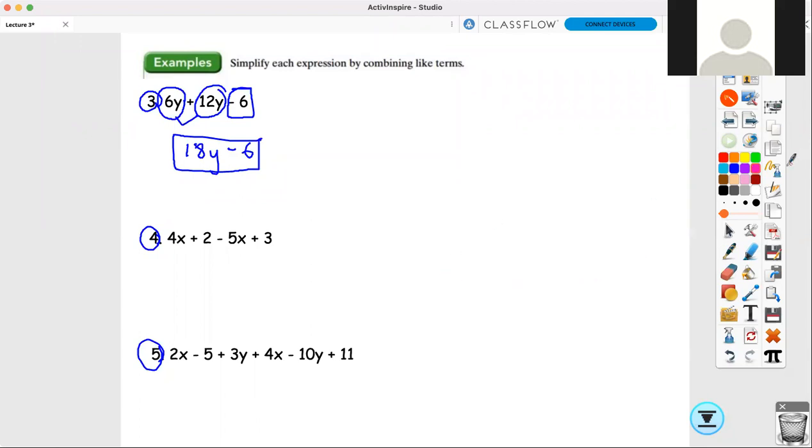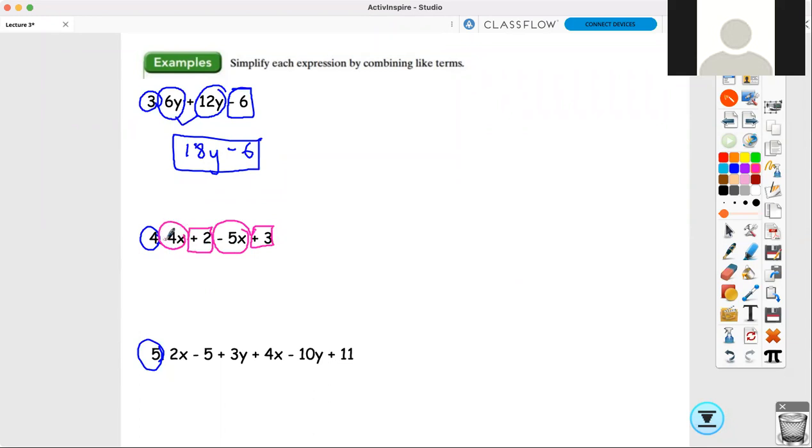Let's look at B. We have 4 terms. We can combine 4x with minus 5x, and we have plus 2 plus 3. Let's combine the x terms first. 4x minus 5x. Do you have 4 x's or do you owe me 4?